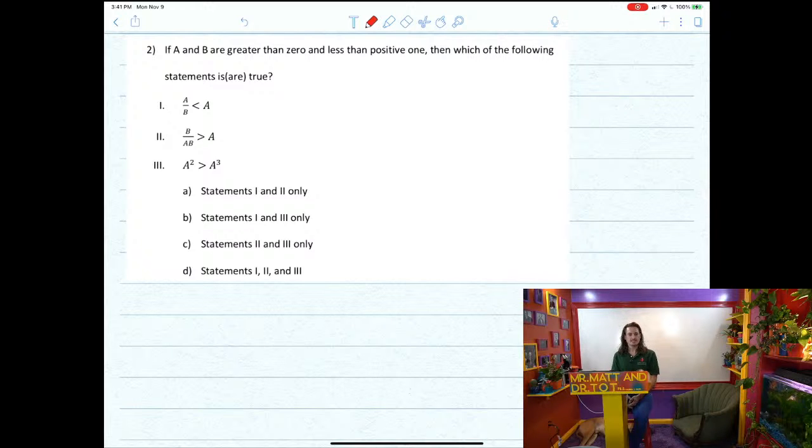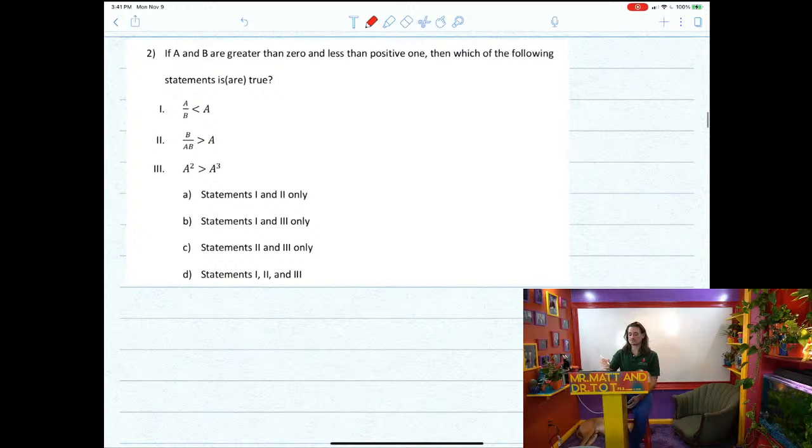With these multi-statement questions, these are really great opportunities to use an elimination strategy, because usually if you can prove one statement to be true or false, you can eliminate more than one answer selection, because oftentimes more than one answer selection contains one of the statement numbers. So let's go ahead and look at 3 first.